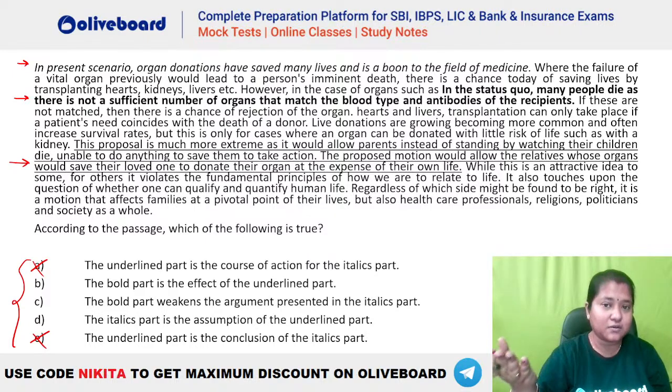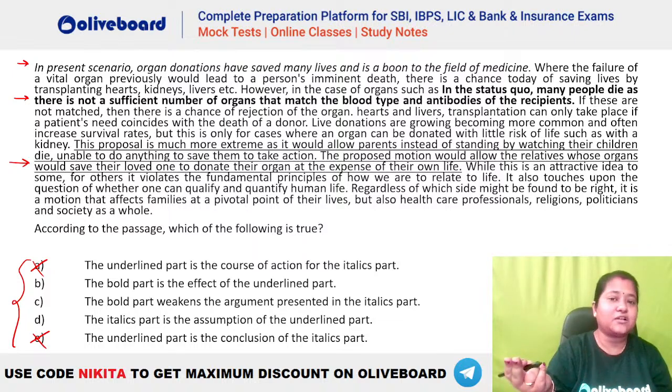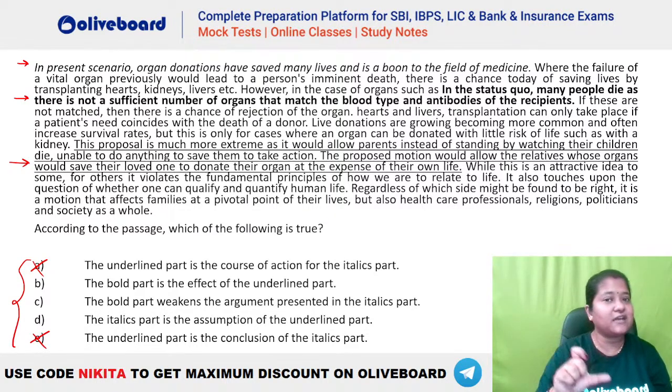And the bold part is saying that people are dying because there is not a sufficient number of organs. So you can see there is a mismatch, isn't it? The one given in the underlined part and the one given in the bold part are not matching with each other, right? One of them is contradicting the other. In the underlined portion, we are told that parents and relatives are allowed to give this.